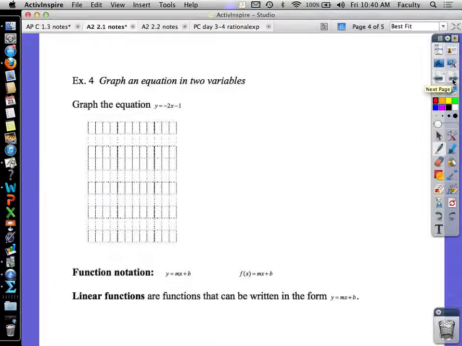All right, example 4. Recall y equals mx plus b. You remember that's the slope-intercept form of a line. M is the slope, and b is the y-intercept.